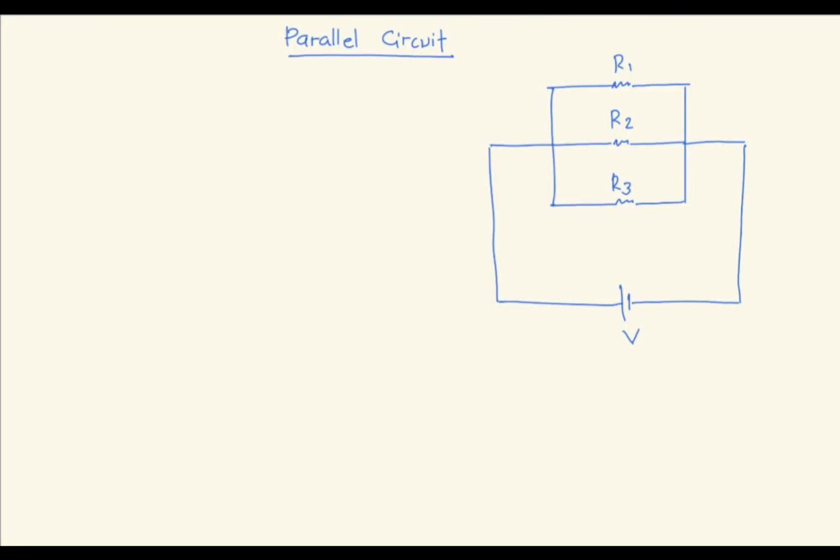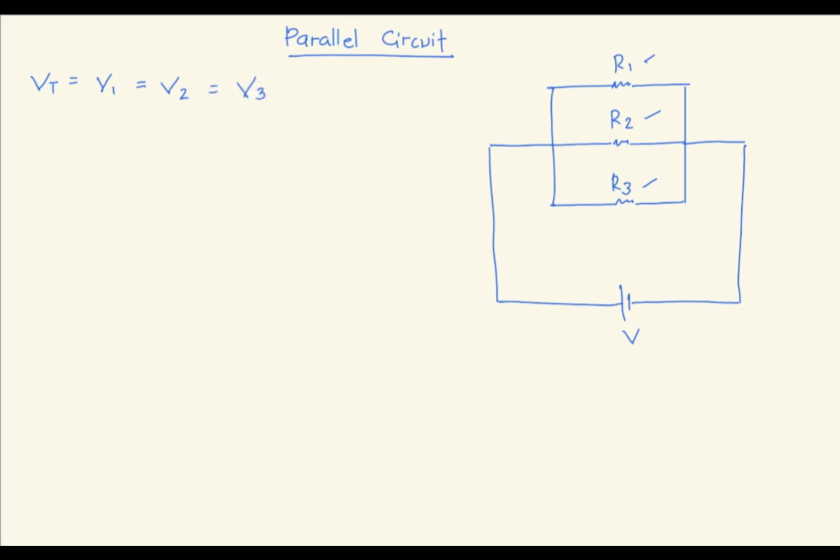In a parallel circuit, such as the one shown here, in which the components R1, R2, and R3 are parallel to each other, the voltage coming through these components is equal, such that the total voltage is equal to the voltage in component 1, the same in component 2, and in 3.